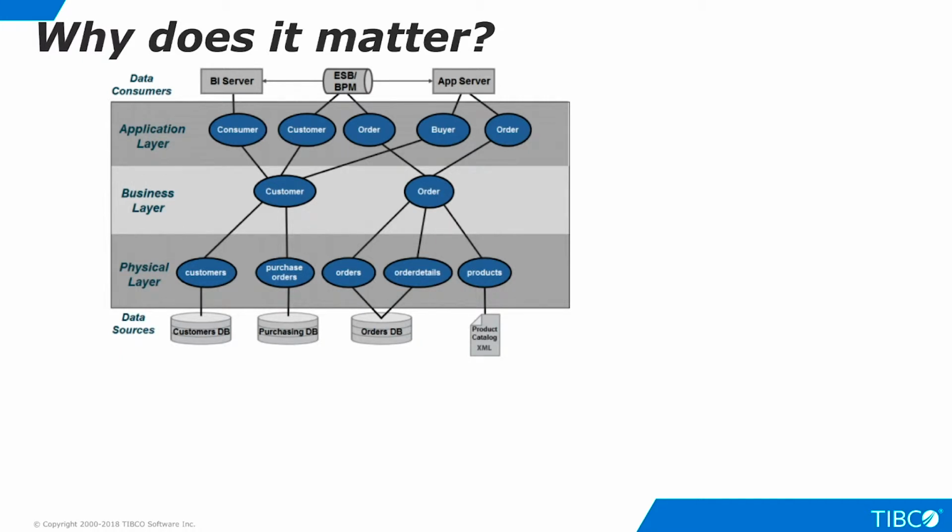Layered development is important for data virtualization because it enhances the development process but does not reduce performance at runtime. The development process is enhanced in two ways. First, layered development enables reuse of virtual resources within and across projects. For example, since the physical layer resources closely resemble actual physical data sources, they are reusable across all projects that need data from these physical sources.